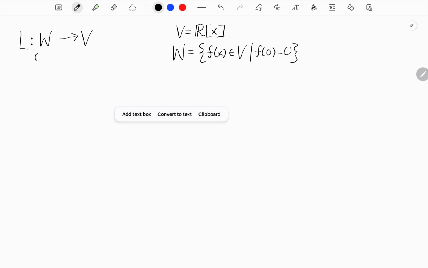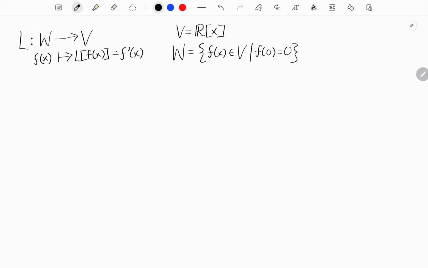Okay, so W is a subset of V. So what we have here is that L takes an f of x, a polynomial in W, and maps it to an element in V. So L of f of x is going to be some polynomial in V, and that's going to equal f prime of x.